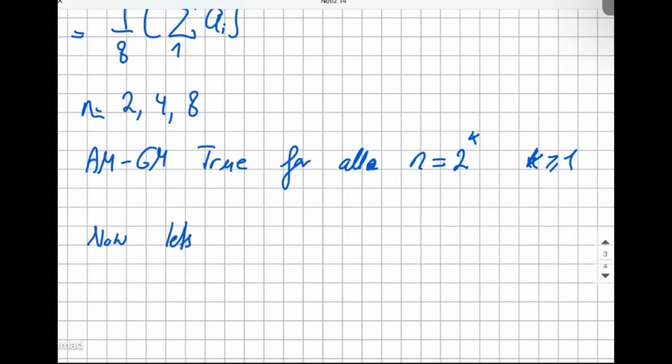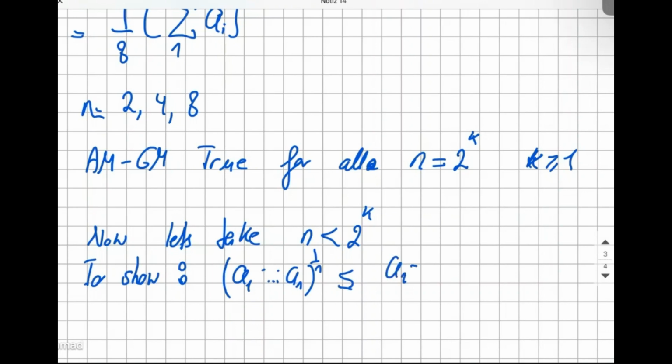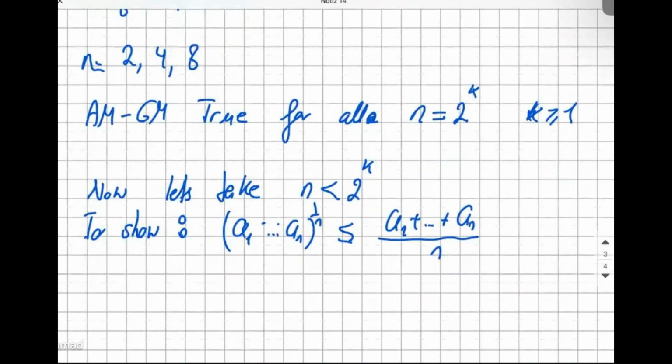Now let's take n smaller than 2 to the power of k, for some k. What we need to show is that the inequality holds for these, let's write it out, smaller or equal to the summation of these a's divided by n.